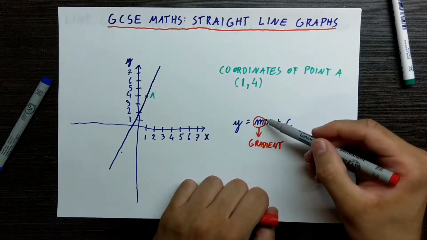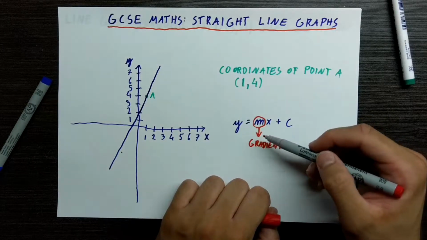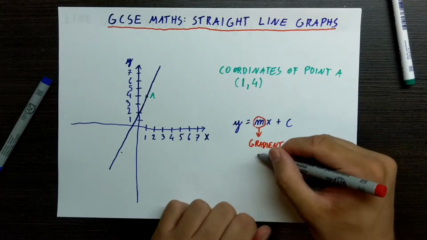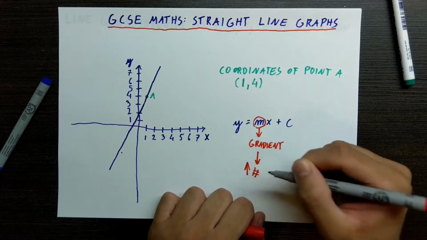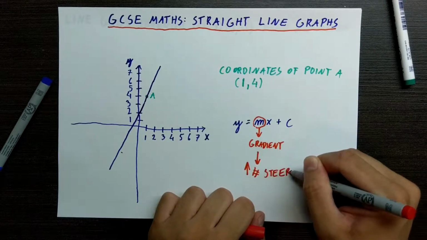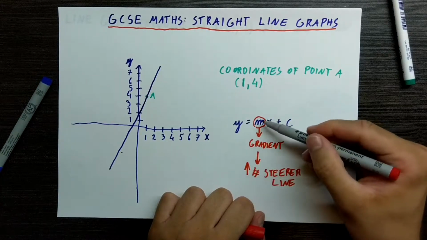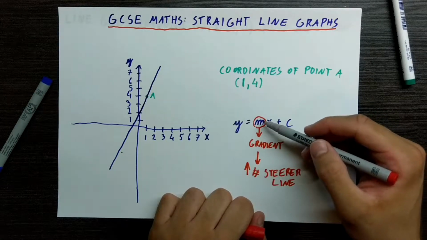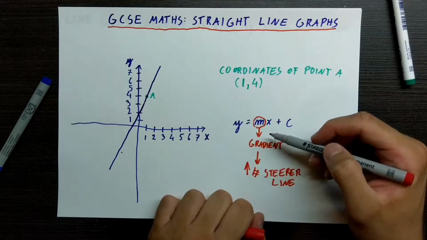Gradient essentially means how steep the line is. So the higher the number m, the steeper the line. For example, if m was 2, then the line is steeper than the line that has m of 1.